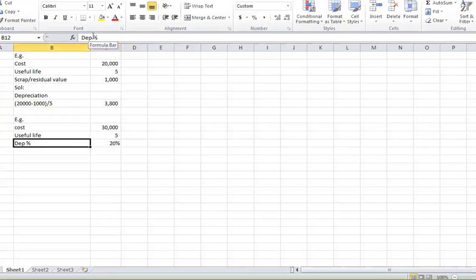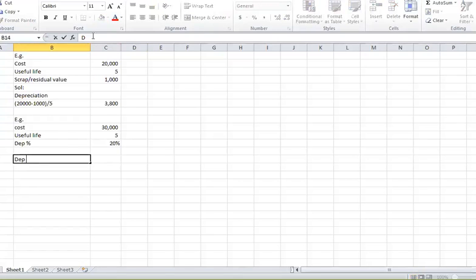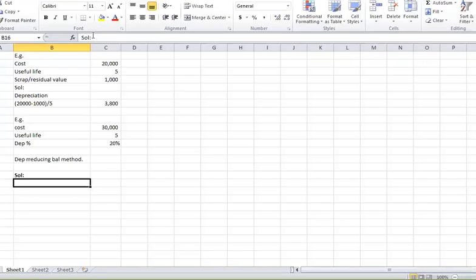Okay. So now, how to calculate the depreciation? How to calculate depreciation by using the reducing balance method. So let's solve this example as well.